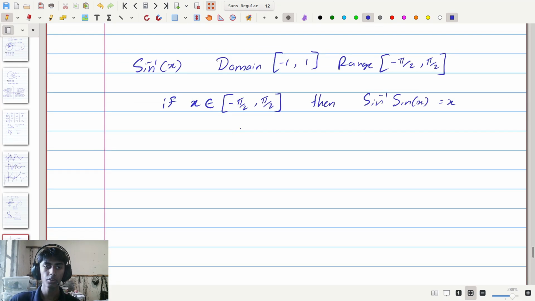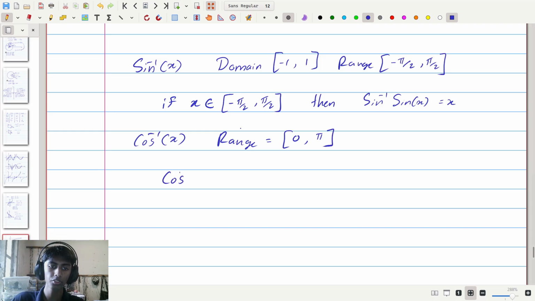Similarly, for cos inverse x, the corresponding range is 0 to pi. What this means is that cos inverse of cos x equals x if x is an element of the set 0 to pi.